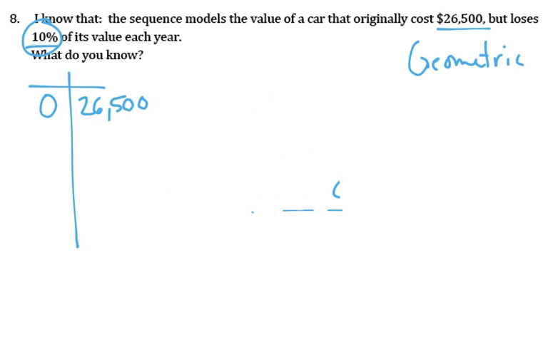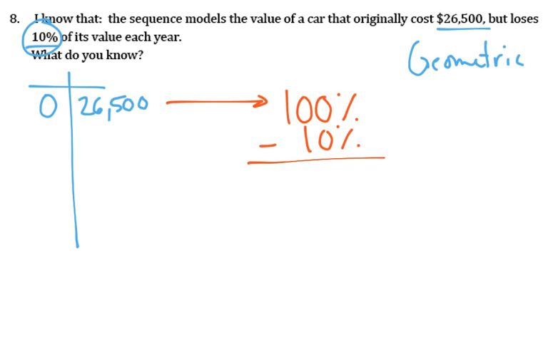So here's an easier way to think of it. Okay, we want to know its value. So to do that, 26,500 would be 100% of its value, right? We're not losing any of that. Well, how much percent is left if we lose 10%? 90%.